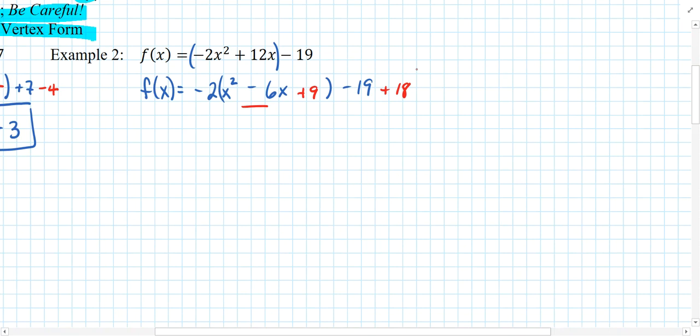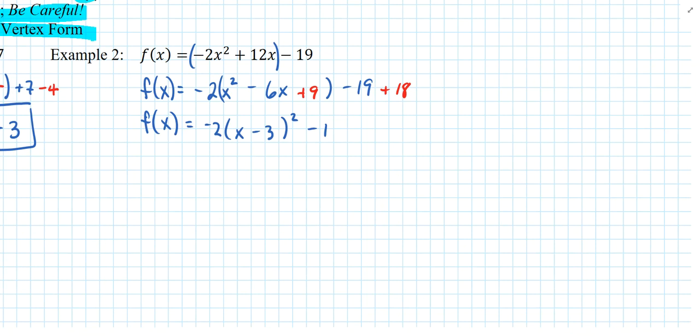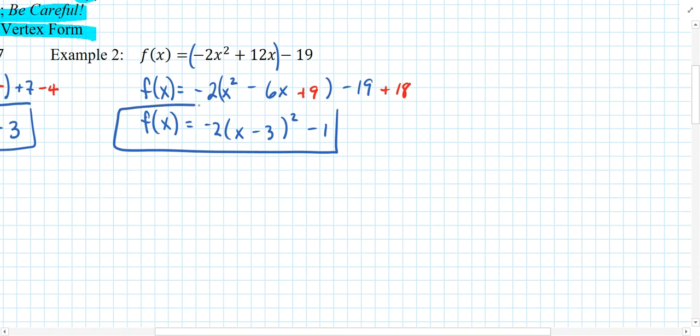We do this because of the 9 that was written inside, which is affected by the -2 distributing from the outside. -2 times 9 is -18, and to offset that, we add 18 on the outside. And after factoring, we are left with a function written in vertex form.